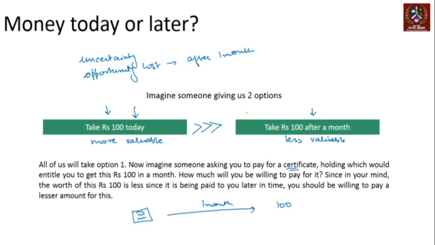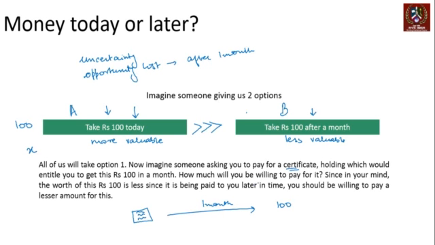Now, if taking rupees 100 after a month is less valuable than today, then rupees 100 after a month today may be equal to rupees X. We have clearly said that rupees 100 today is more valuable than this. So A is more valuable than B, right?